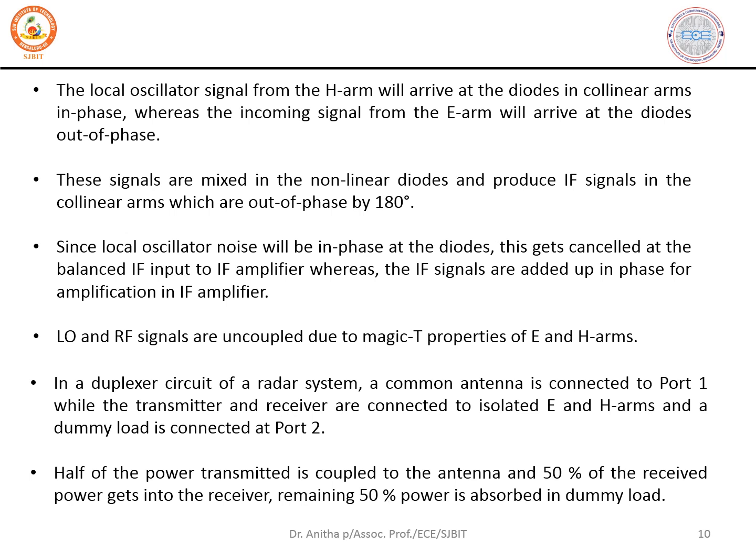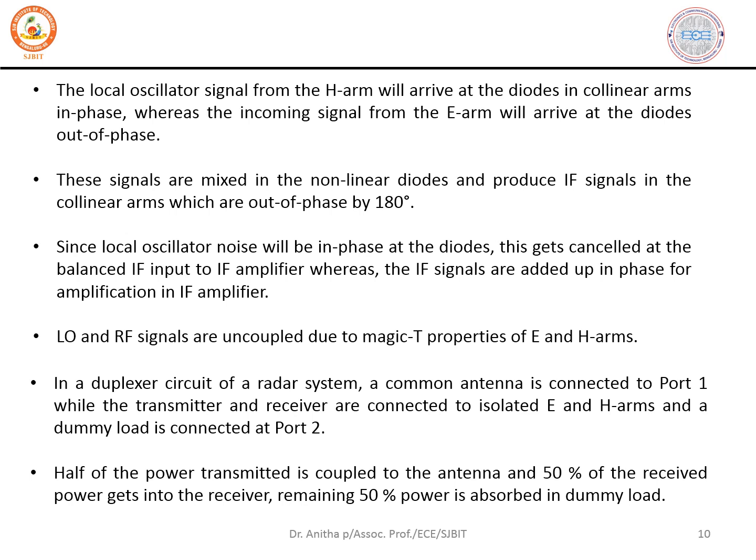In a duplexer of a radar system, that is the last application, usually a common antenna is connected to port 1, while the transmitter and the receiver are connected to the isolated E and H arms, and a dummy load is connected at port 2.